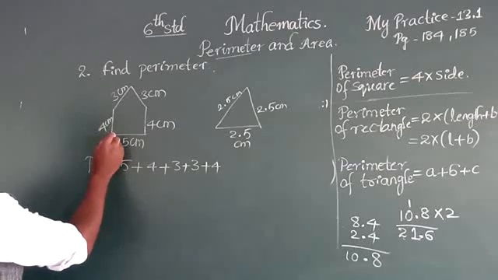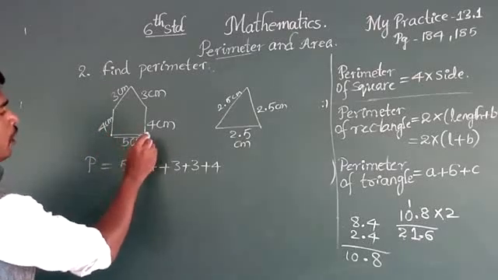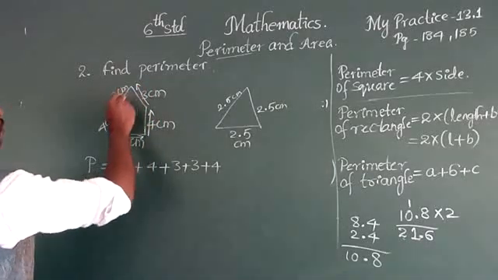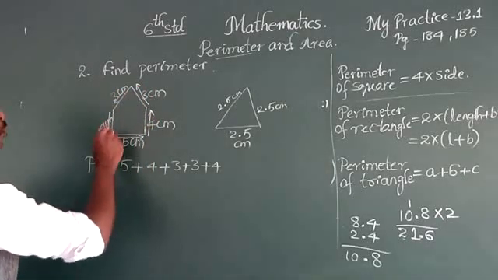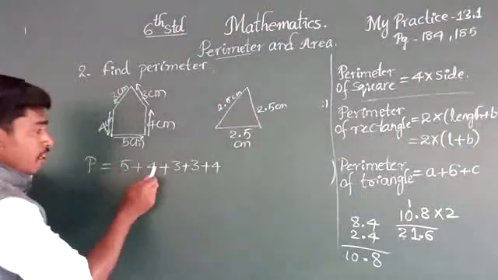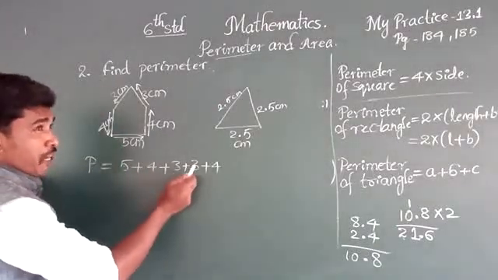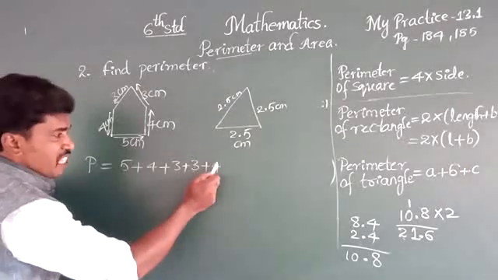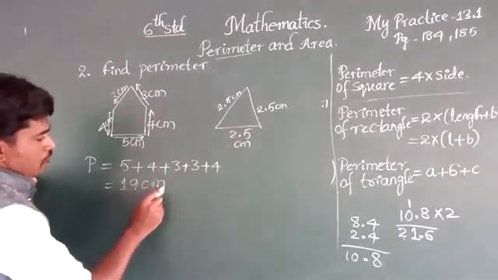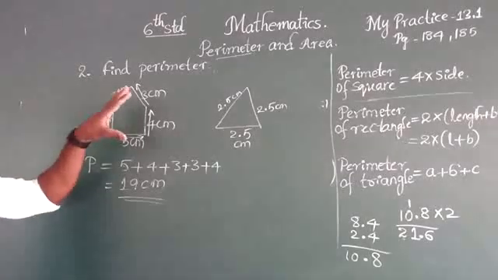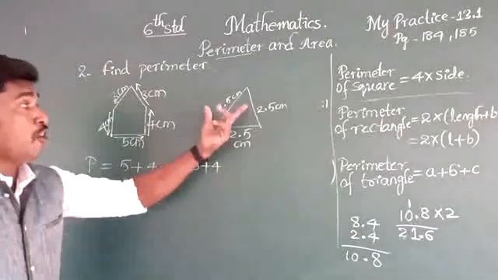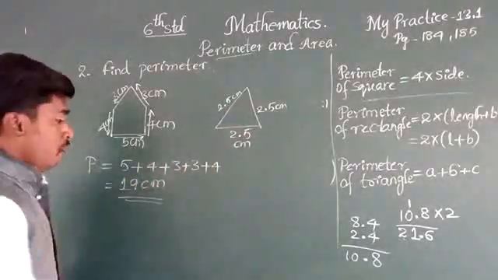So from here we started, then this side, again this side, and finally you reach the same point. So 5 plus 4, 9. 9 plus 4, 13. 13 plus 3, 16. 16 plus 4 is 20 centimeter. What is the perimeter of this diagram, dear children? Similarly, can you find the perimeter of the triangle?